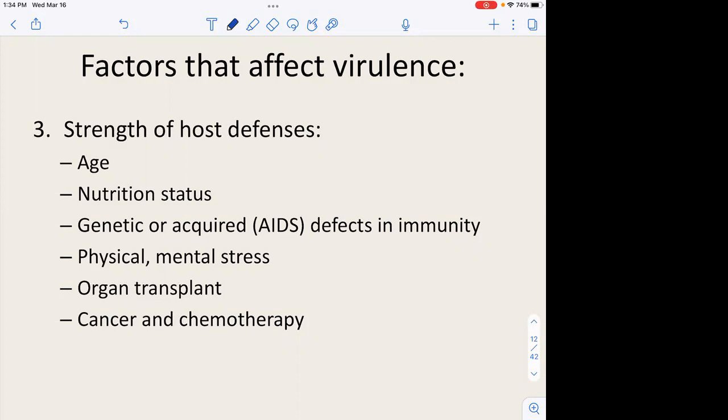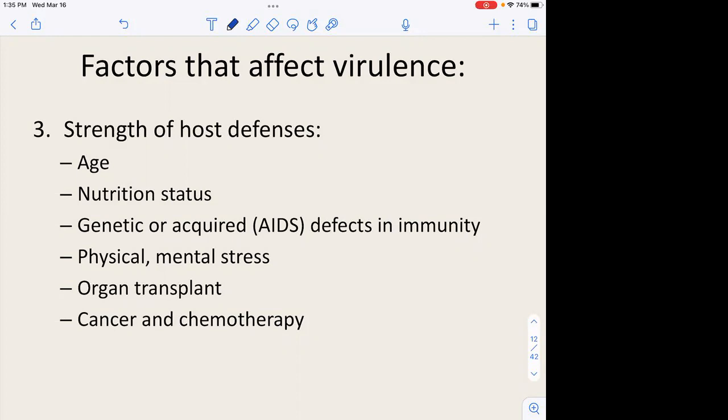Certainly the age of the individual, like we said before, very young or very old, they're more likely to become ill. Are they well nourished? Do they have any defects in their immunity, or any infections that would cause their immunity to be deficient? Are they under some kind of stress, either physical or mental? Have they had an organ transplant? They'd be on drugs that would depress their immunity.